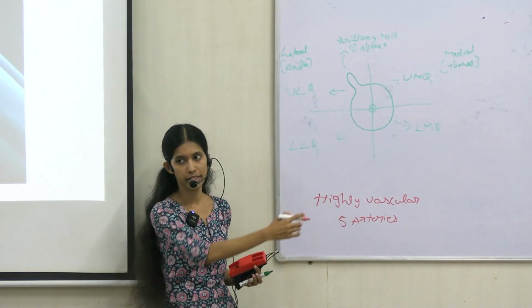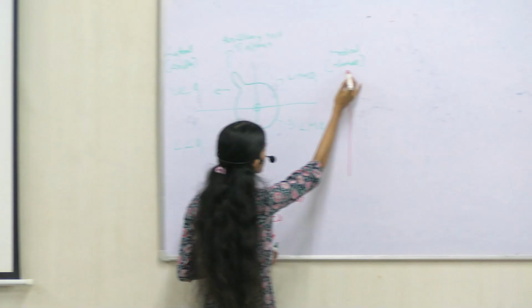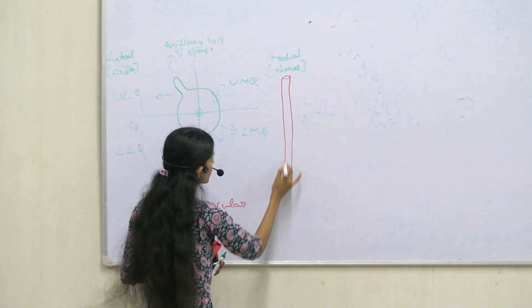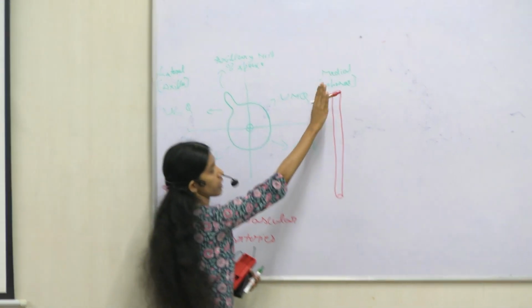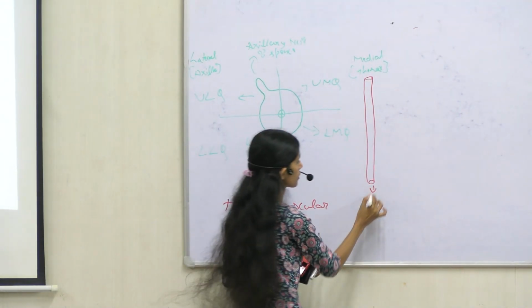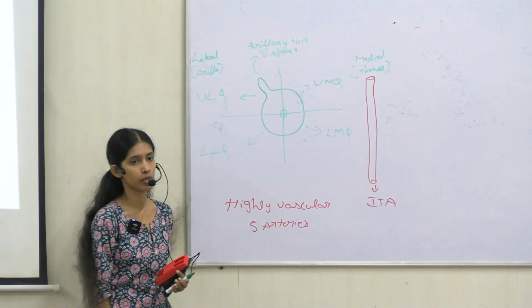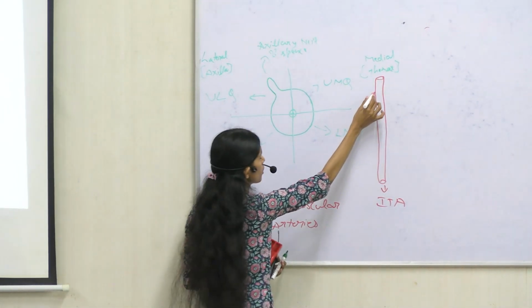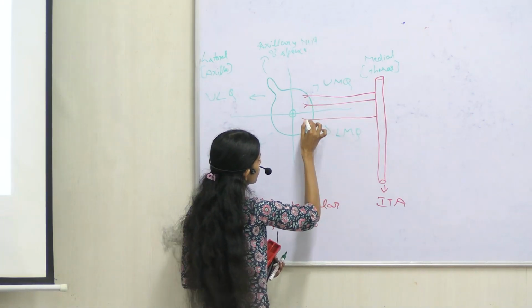We'll start from the medial side. Here, imagine we have the internal thoracic artery. Since this is the thorax side, I am just going to draw a diagram of your internal thoracic artery. Okay. There are branches from the internal thoracic arteries which supply your mammary gland like this.